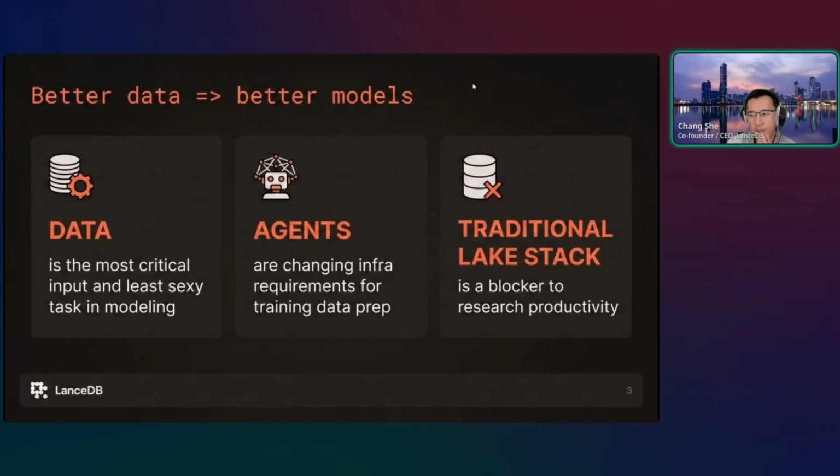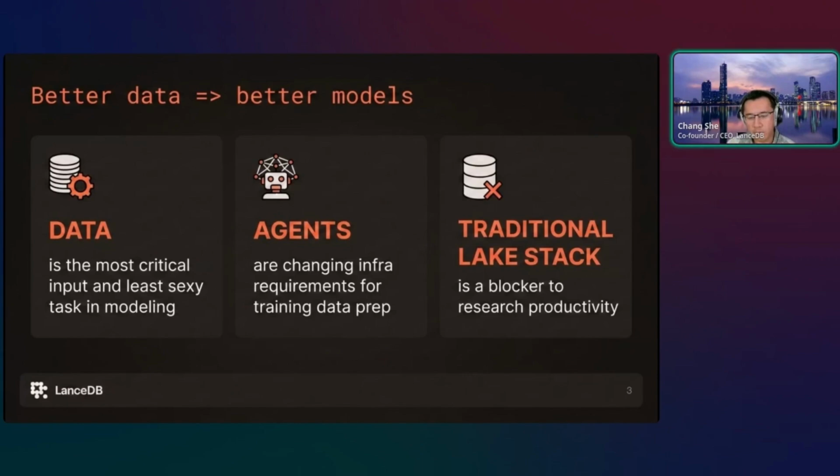And I think while this was also true for the previous classical machine learning era, things have changed and the problems are much bigger. Multimodal models and data sets tend to be much larger in data volume. With AI, data is generated at a much faster clip. And what's interesting recently is that agents are now drastically changing infrastructure requirements for processing all of that data.